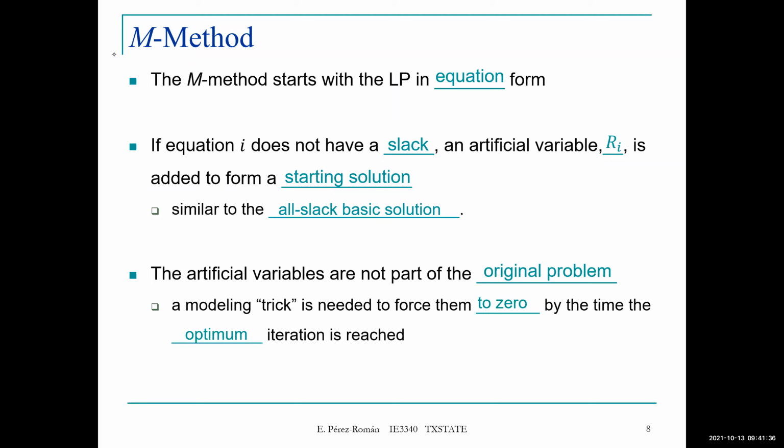So the idea is we're going to add these artificial variables, but we're going to force them to be equal to zero so they don't impact the solution of the problem. We just need them for finding that initial solution, and then we force them to be equal to zero. So our solution is not going to be affected by those artificial variables, and they're basically discarded when we make them equal to zero.